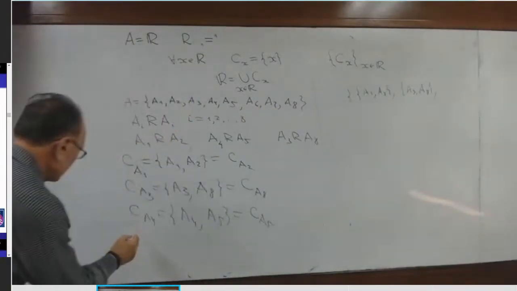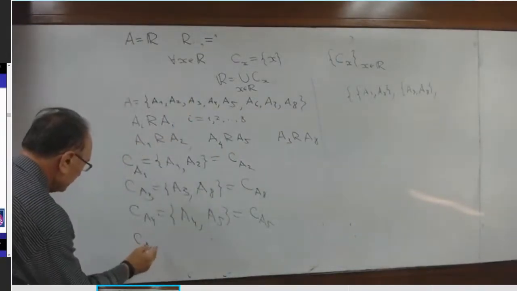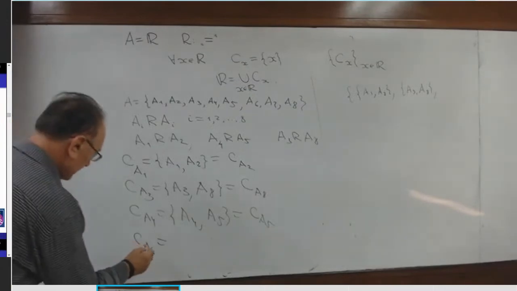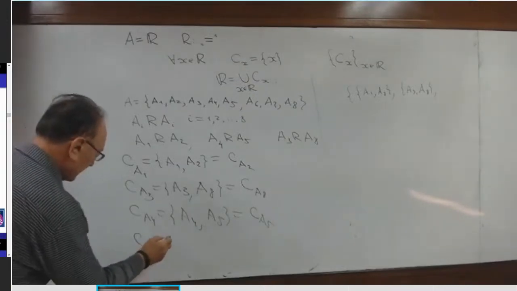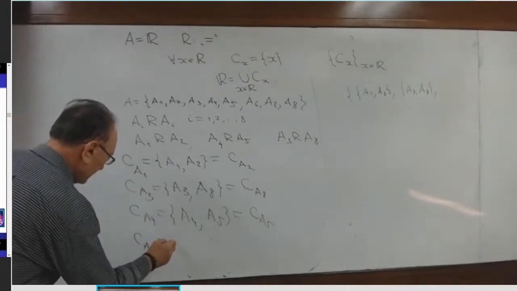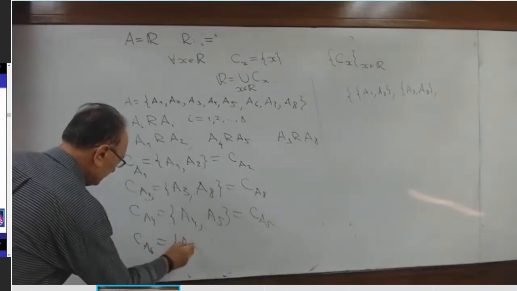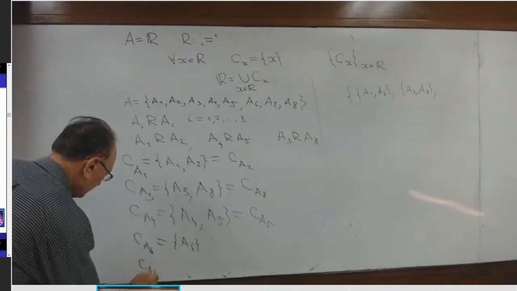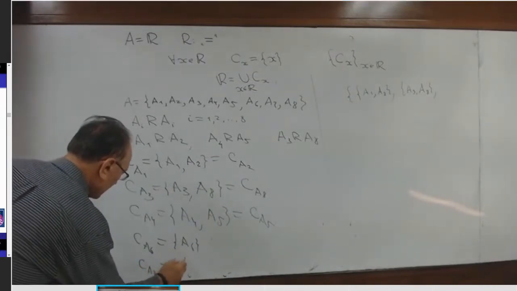Let me find A6. I have another two elements to find the classes of. So this is just A6, and CA7 is also A7 only.